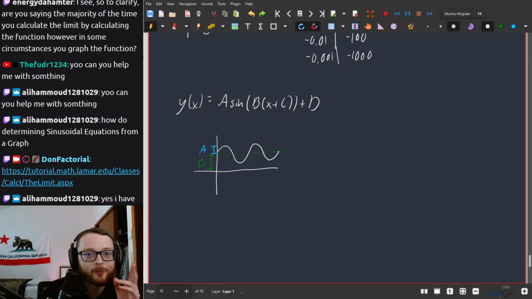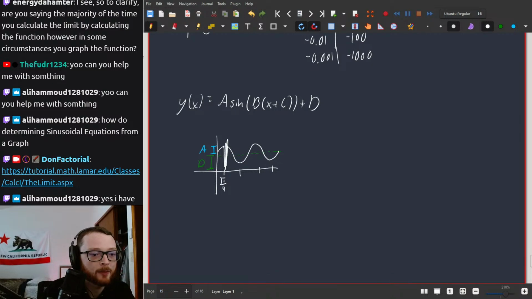I'm just working out in my head what certain numbers should be for this problem to make sense. Okay, if this is pi over 4, right where this peak happens, and this is 3 pi over 4, 5 pi over 4. Is that right?